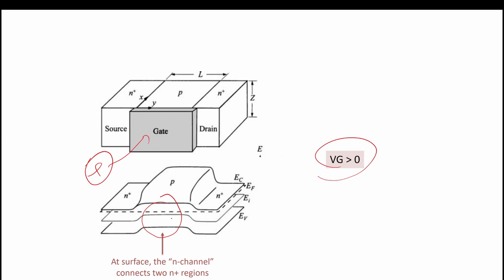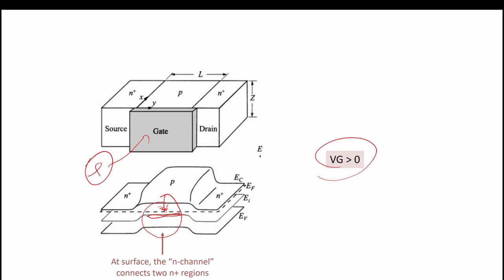At this point you can see this is the intrinsic Fermi level, and this is the Fermi level at equilibrium, after the doping.